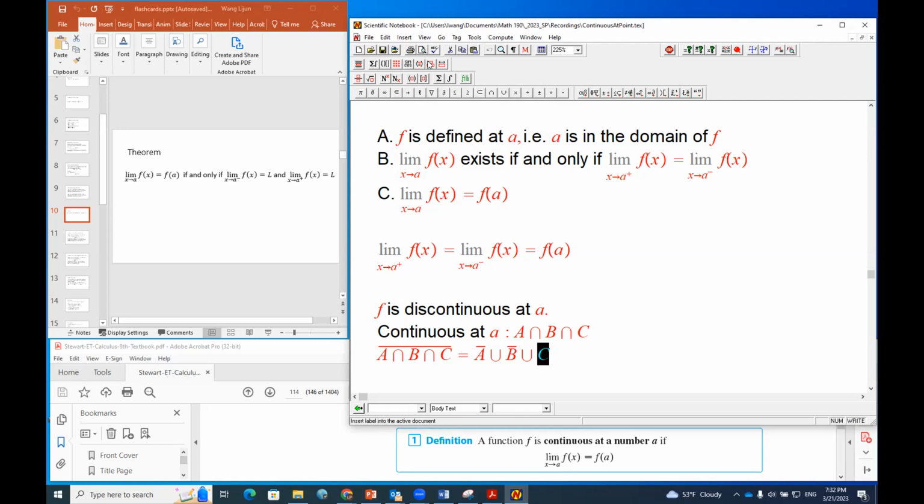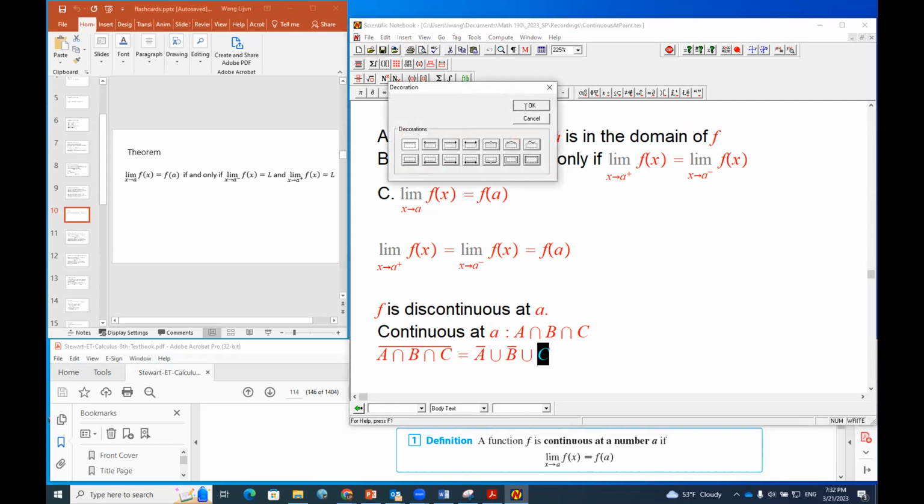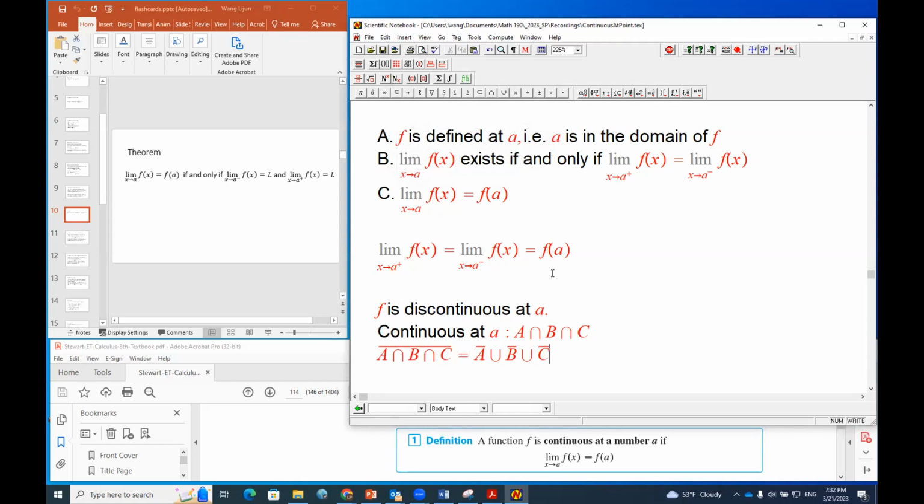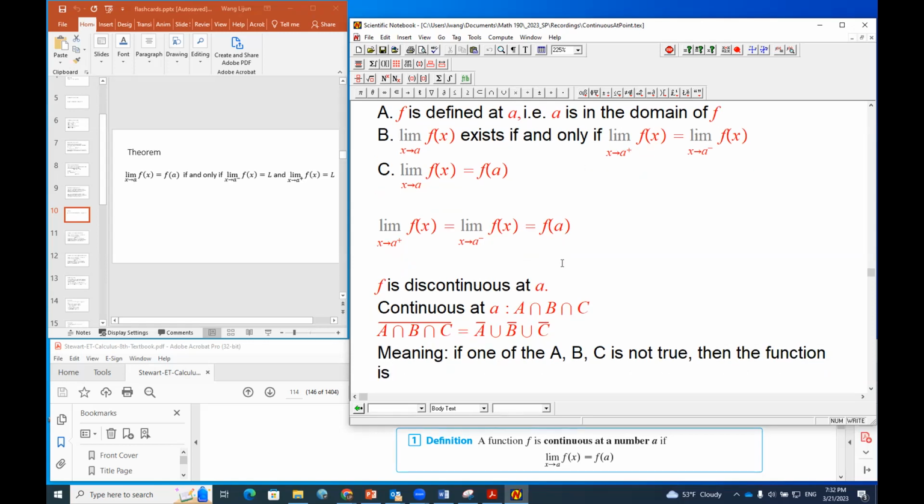What does that mean? Meaning that if one of the three conditions, one of A, B, C, is not true, then the function is discontinuous.